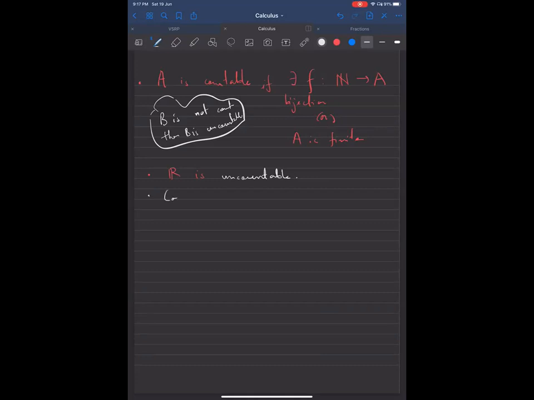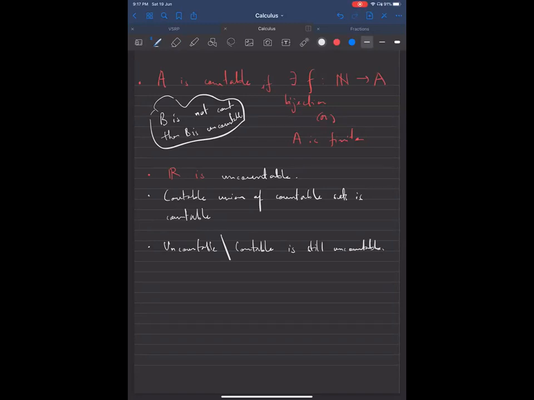Countable union of countable sets is countable. An uncountable set minus a countable set is still uncountable.